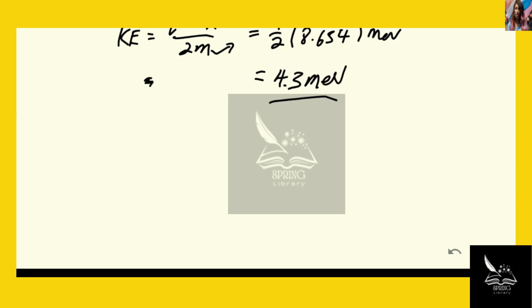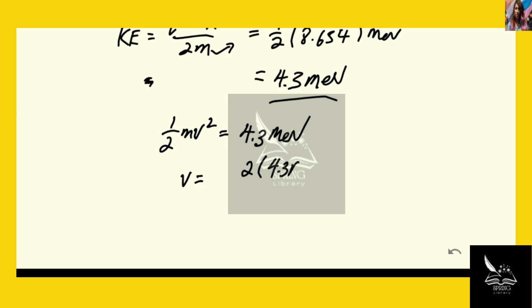Now we can find the velocity by taking half mv squared equals 4.3 MeV. We do the same process of conversion from MeV to joules, not forgetting the square root.